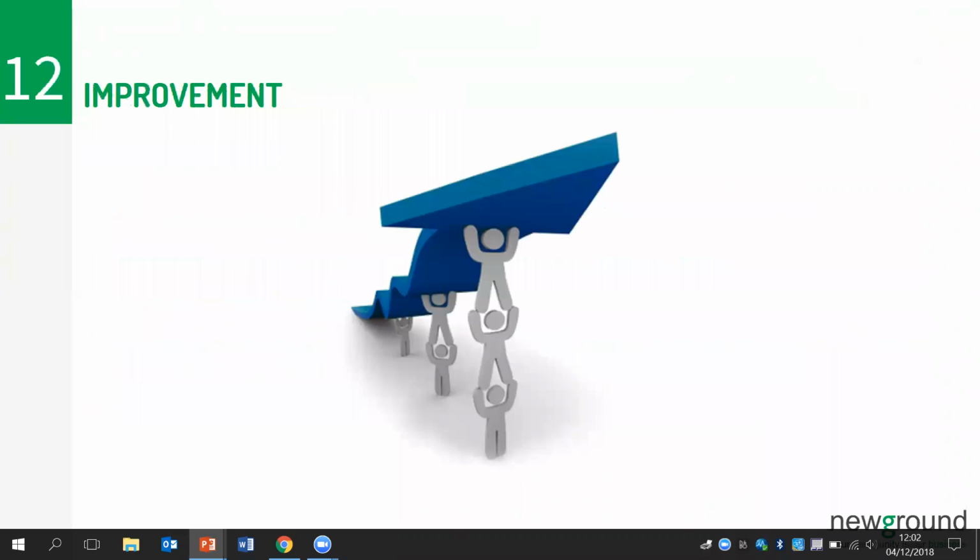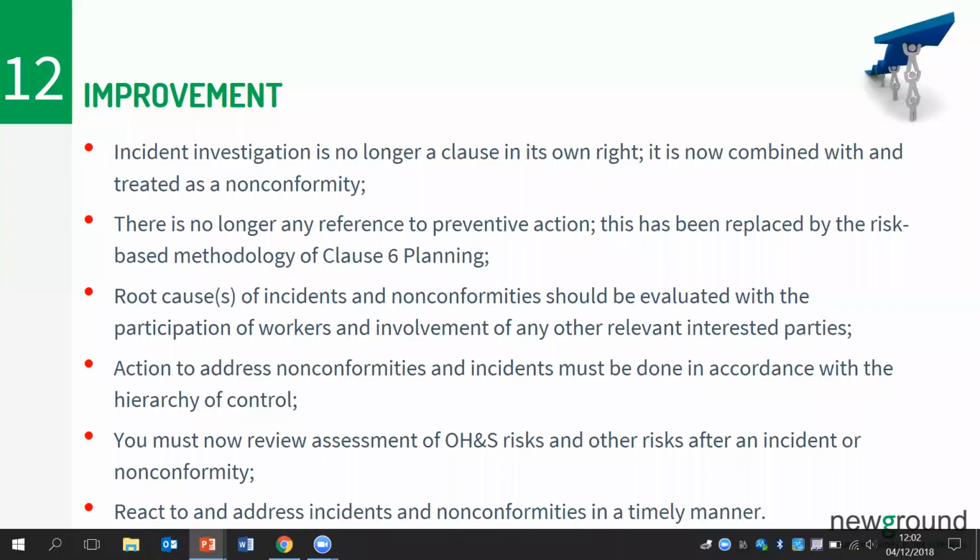The final change I wanted to draw your attention to is the improvement clause of the standard, clause 10. So this clause now covers incidents, non-conformities, corrective action, and continual improvement. I'm just going to highlight a couple of minor changes. So incident investigation is now no longer a clause in its own right.